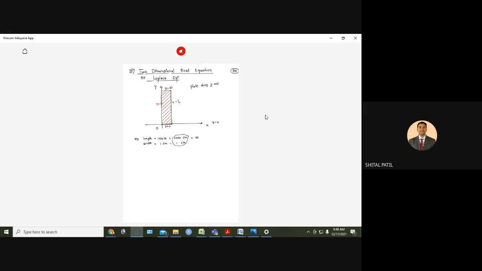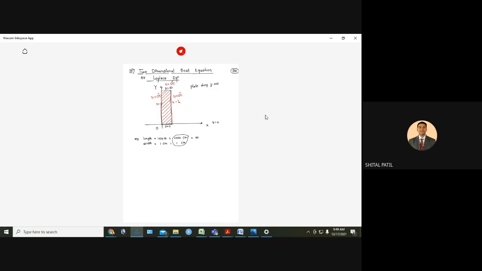For example, suppose temperature along the x equal to 0 edge, this edge, is say 0. Temperature along the parallel edge, x equal to L, is also 0. Temperature at infinity is also equal to 0. So let me write 0 degrees Celsius, 0 degrees Celsius, 0 degrees Celsius.